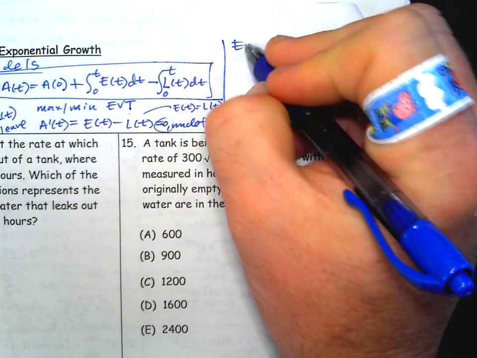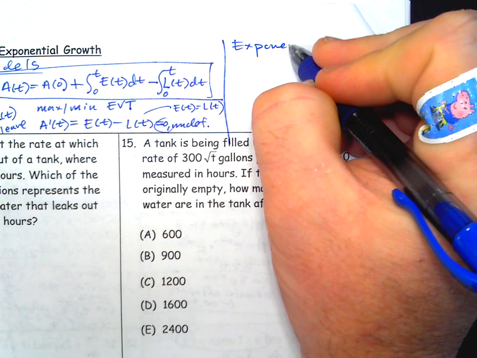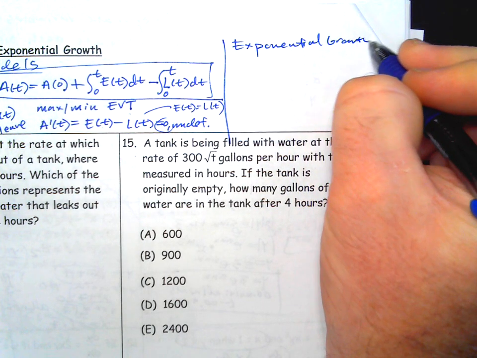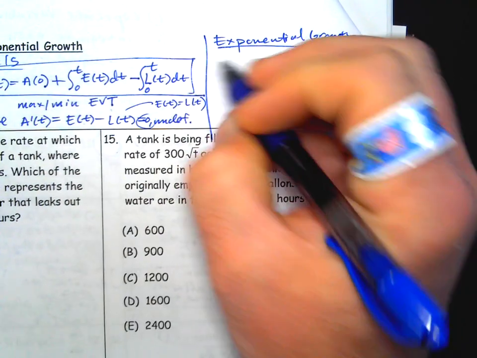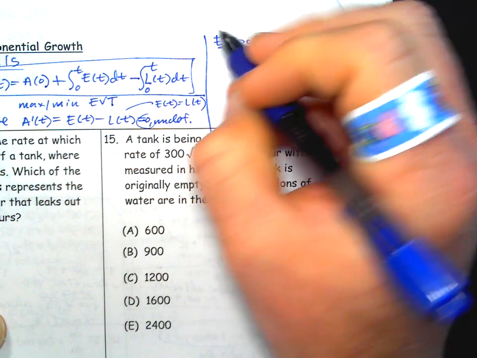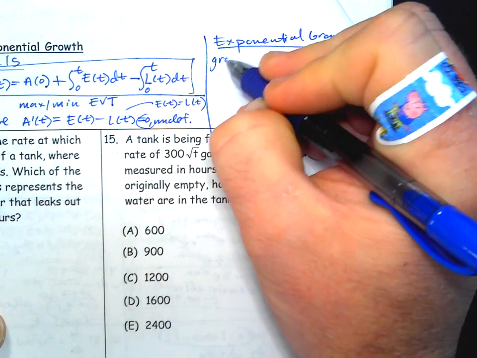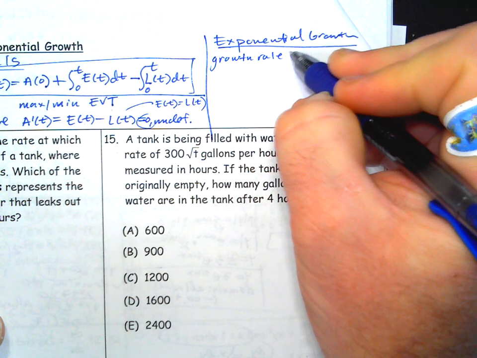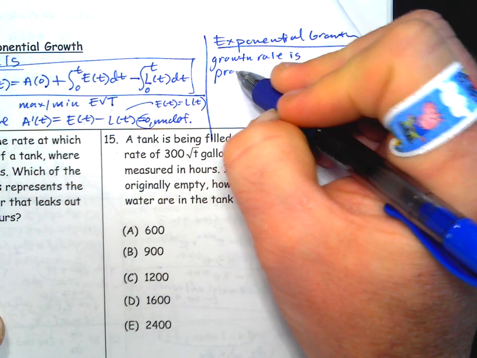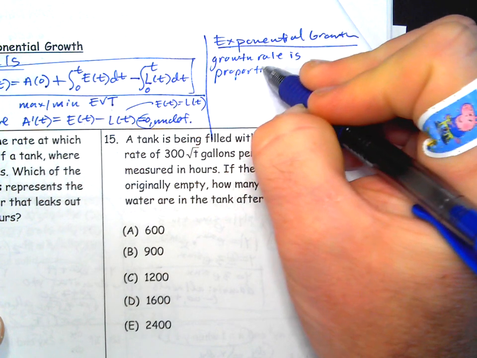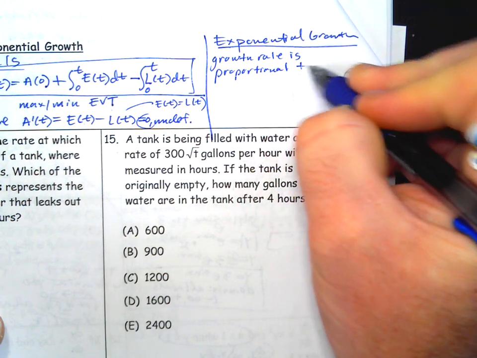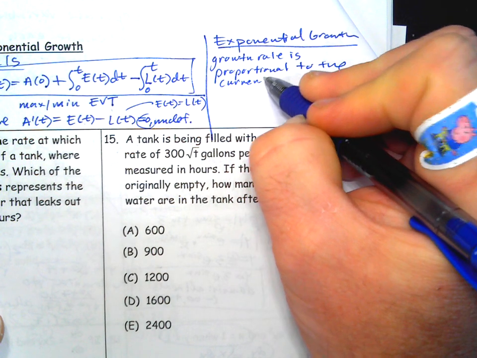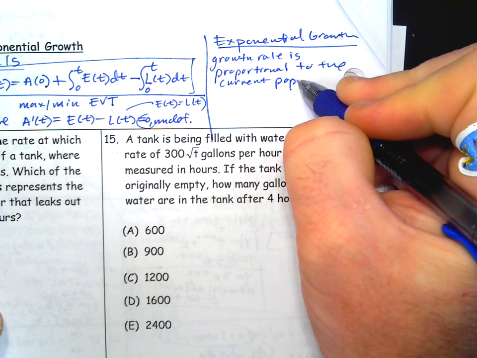The other kinds of problems that we did near the end were exponential growth. And the definition of exponential growth is that the growth rate is proportional to the current population or amount, whatever it is.